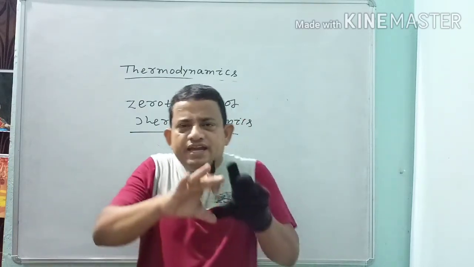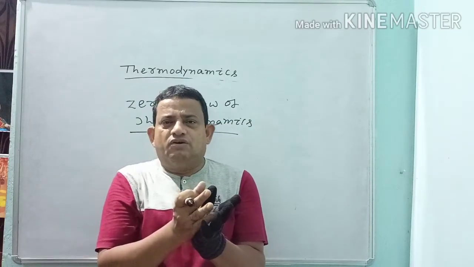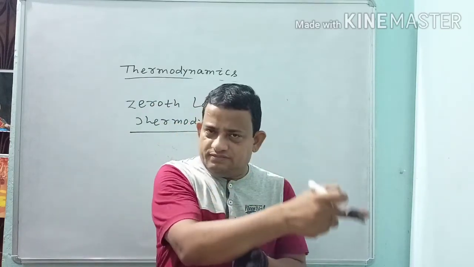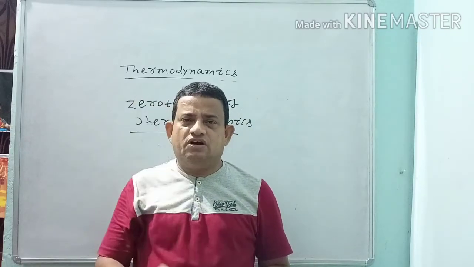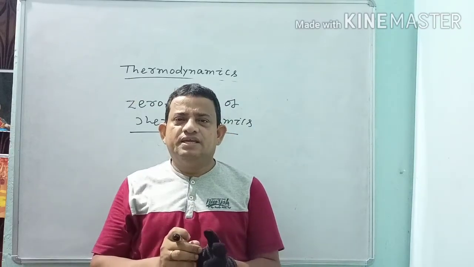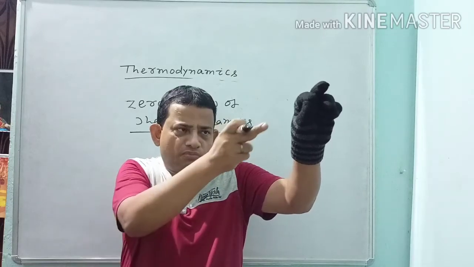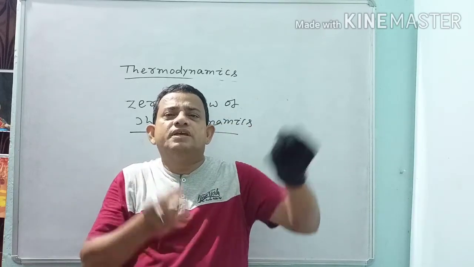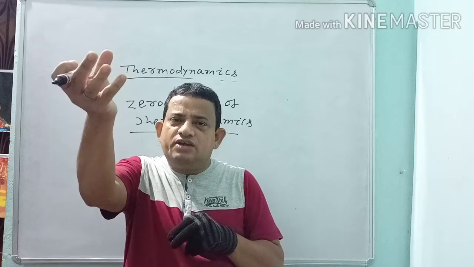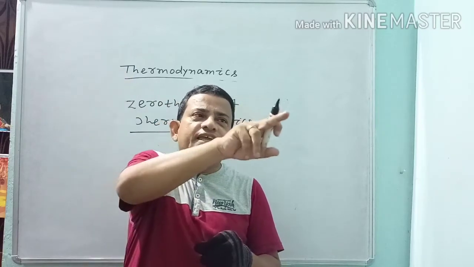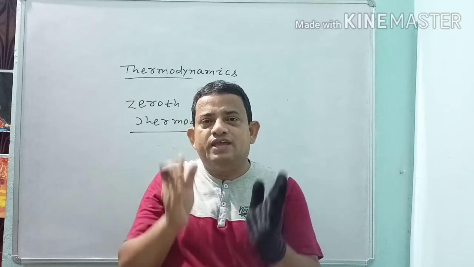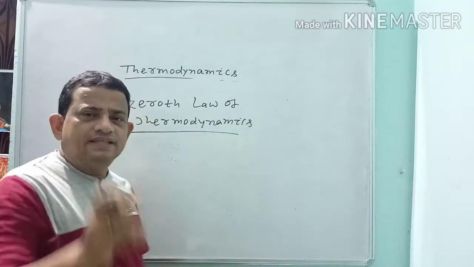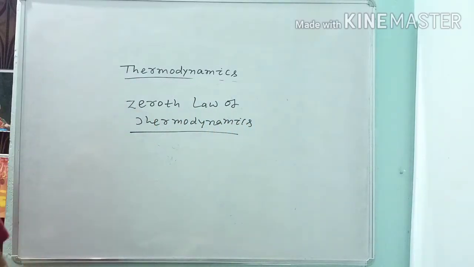In thermodynamics, what the zeroth law states: A is a system, B is a system, C is a system. If A is in thermal equilibrium with C, B is in thermal equilibrium with C, then A and B are also in thermal equilibrium. This is your zeroth law of thermodynamics.